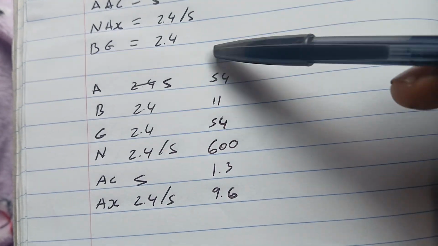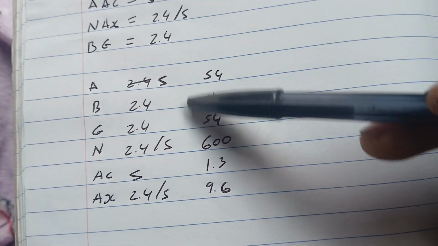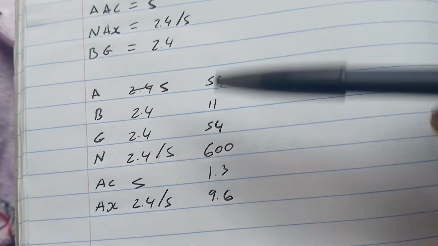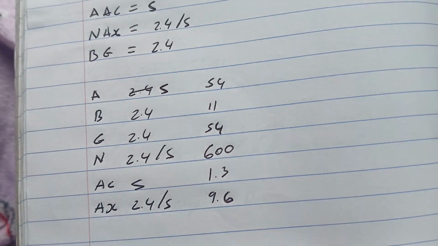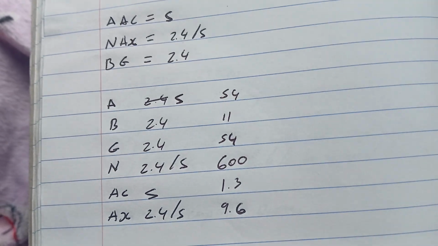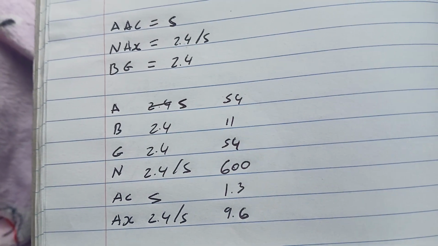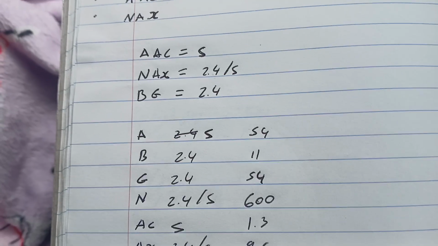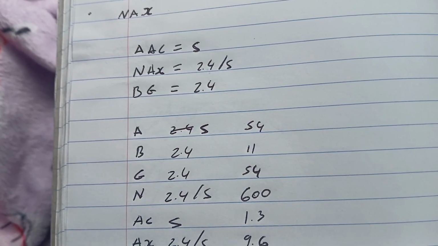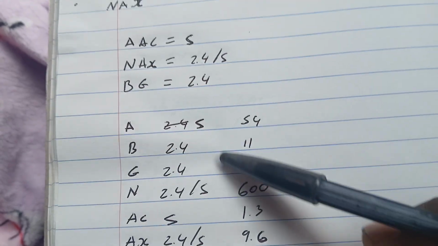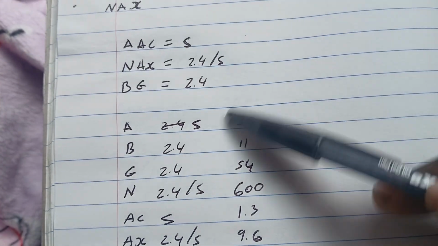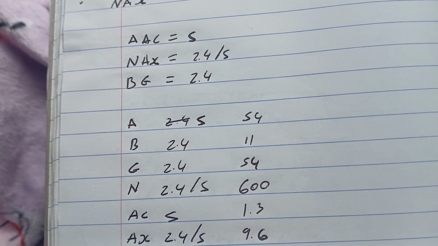This is the tricky part, where you kind of just have to memorize, but it's pretty easy: 54, 11, 54. It's pretty easy to say, isn't it? Once you have 54, 11, 54, that's immediately A, B, and G. You knock this straight out of the park by just memorizing 54, 11, 54.